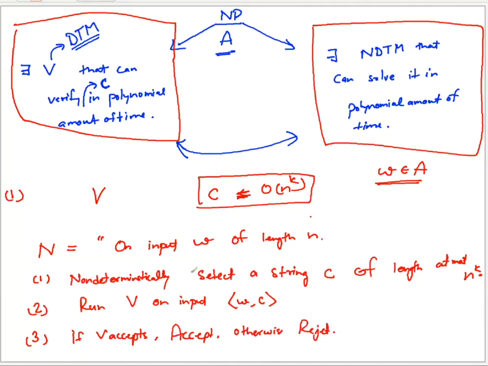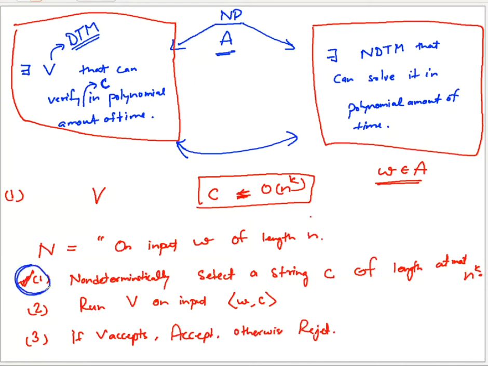See, this conversion, using a verifier to build a non-deterministic Turing machine, is nothing new. We have already seen this: the non-deterministic selection of a string of length n to the power k is actually you trying to guess the certificate.